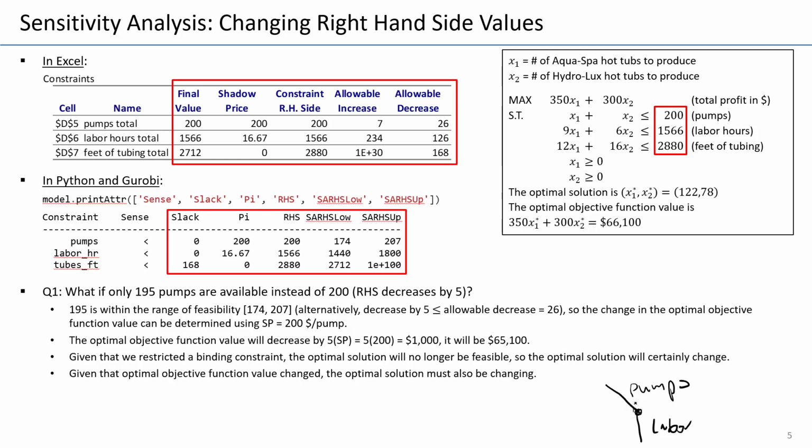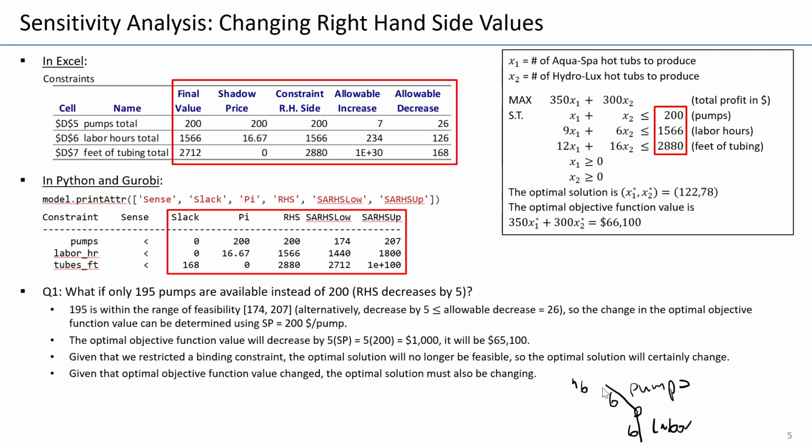These are actually the binding constraints, right? So I'll just put a small symbol B, binding. And there was also another constraint, tubing, somewhere here, and this was a non-binding constraint.